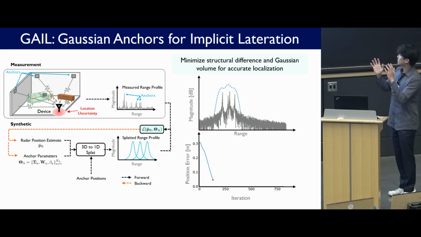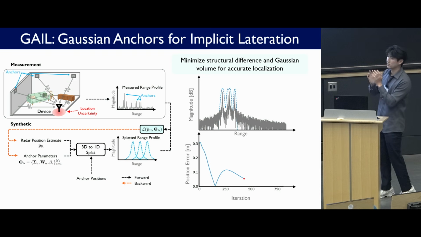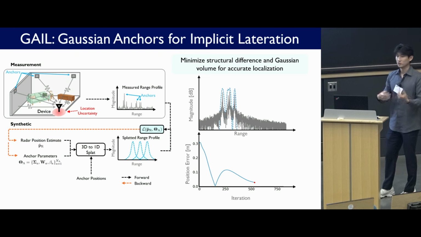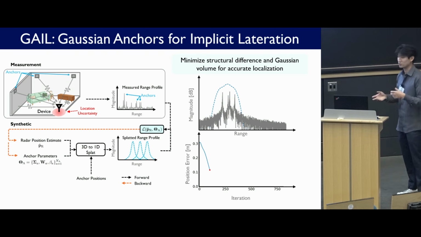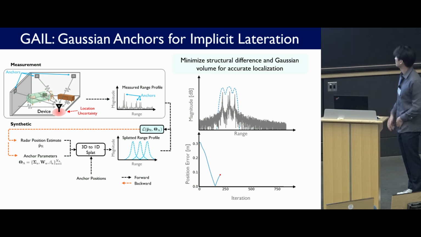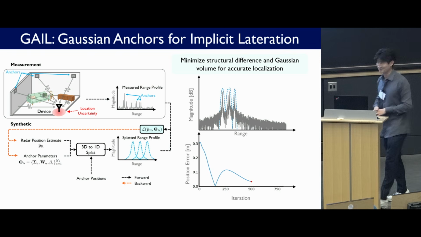We have these Gaussians initially that are very wide, and they're shifting and narrowing so that we actually align with the peaks in my measurement. In doing so, this is what we mean when we say we implicitly solve for the position rather than explicitly stating that measured ranges are associated with anchor positions. I'll let this converge before we move on.